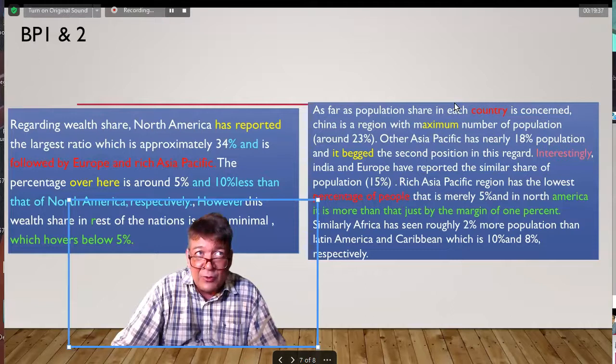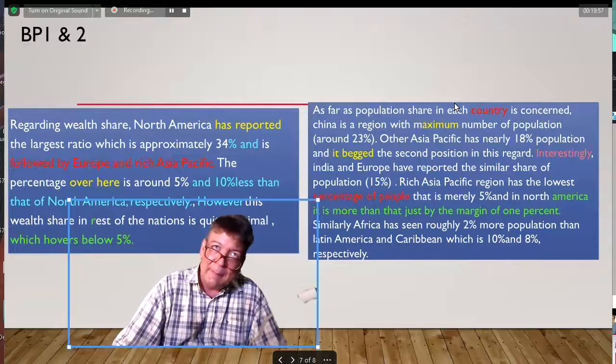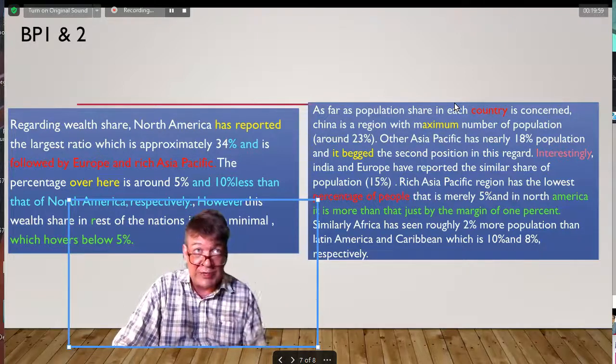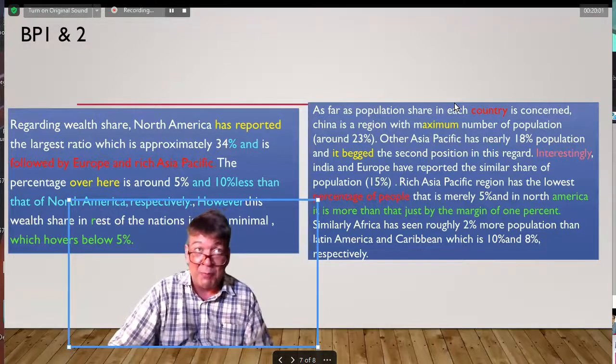You lose control of your grammar and sentence construction. Similarly, Africa has seen roughly 2% more population than Latin America and Caribbean, which is 10 and 8% respectively. Well, how can it be roughly 2% more than two other numbers that are different by 2%? It's 12% more and 10% both. Huh?